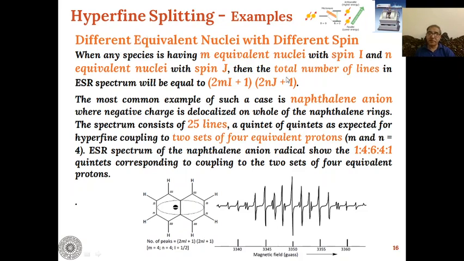That is why we will have only 3 spectral lines instead of 4, and these two lines have the same energy. That is why the intensity here is 1 is to 2 is to 1.